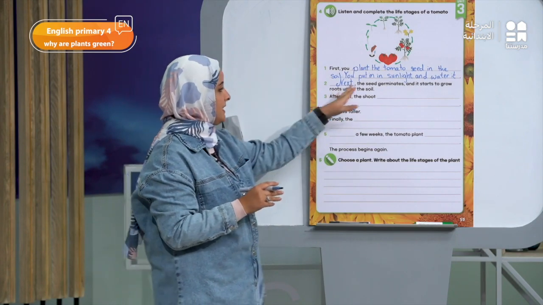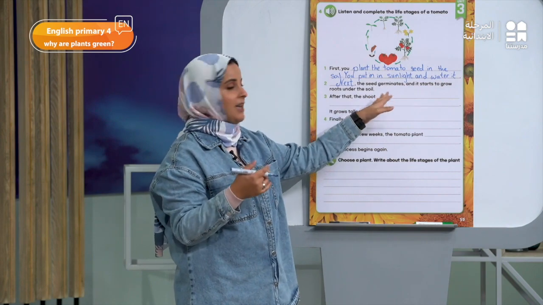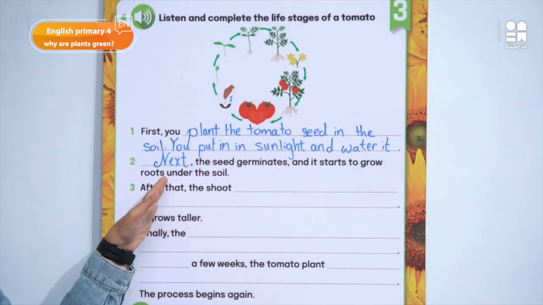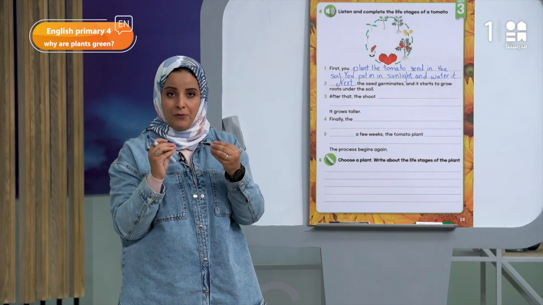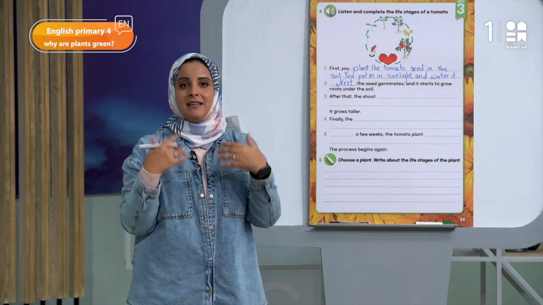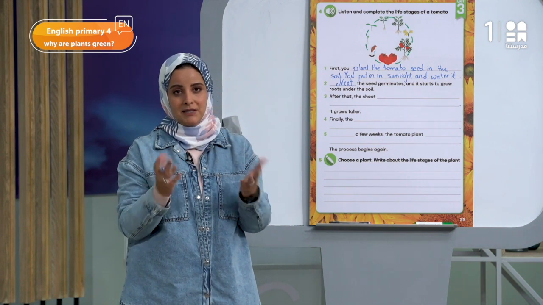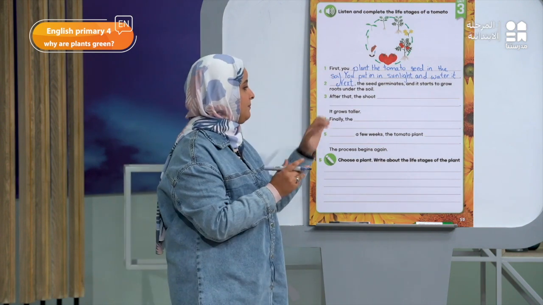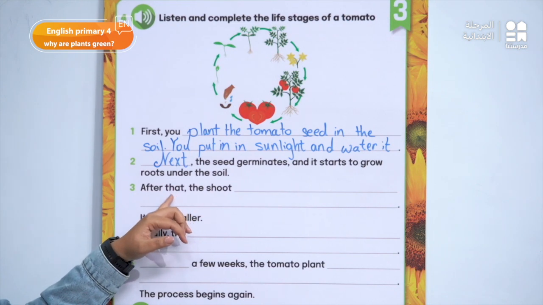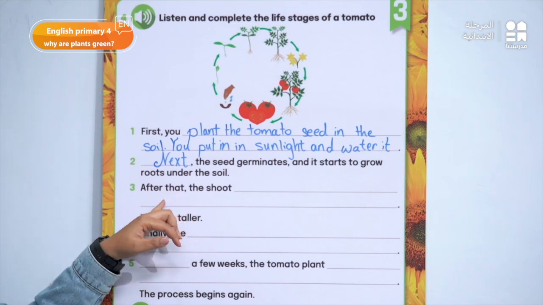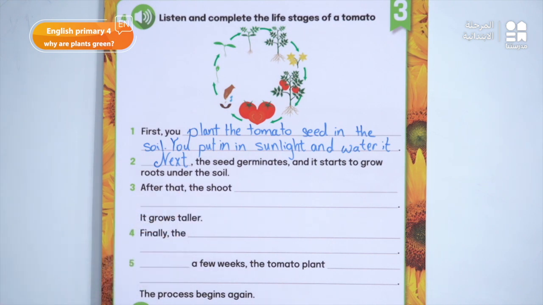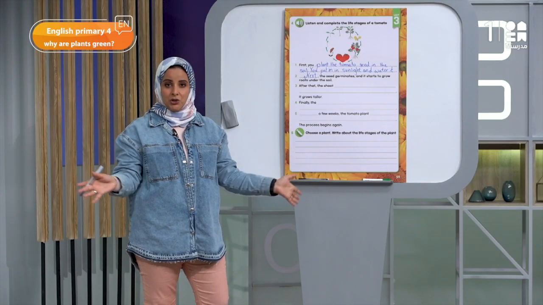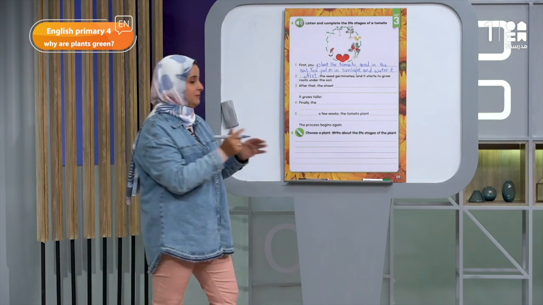Next, the seed germinates and it starts to grow roots under the soil. We said the roots grow under the soil, we don't see them, and germinates means the germination process begins. Number 3. After that, and of course there is a comma here because it is a transition word. The shoot. What will happen to the shoot? Very good. The shoot grows above the soil.